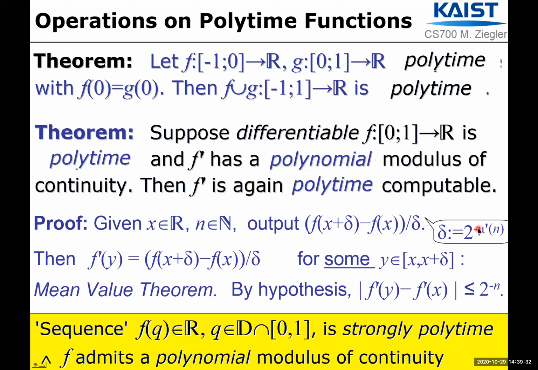So this blows up the error, but fortunately it blows up the error only by this mu prime of n, and since we suppose that this modulus mu prime is polynomial, that means there's only a polynomial blow-up in the error, and therefore we only need to evaluate the numerator with precision 2 to the minus n minus mu prime of n, which is still polynomial in n by hypothesis.